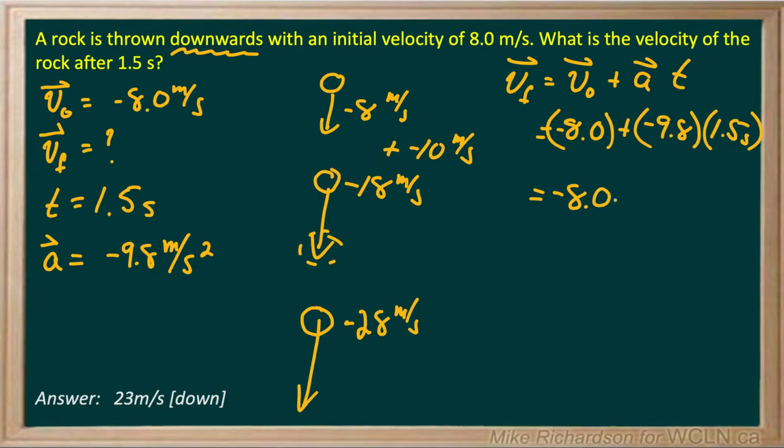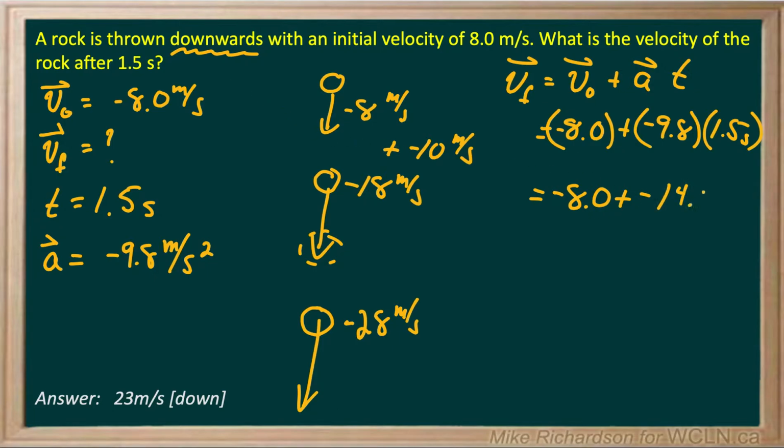Negative 8 plus negative, and 9.8 times 1.5 gives me a value of, I'll give you an exact value, just give me 1 second. 9.8 times 1.5 is 14.7.